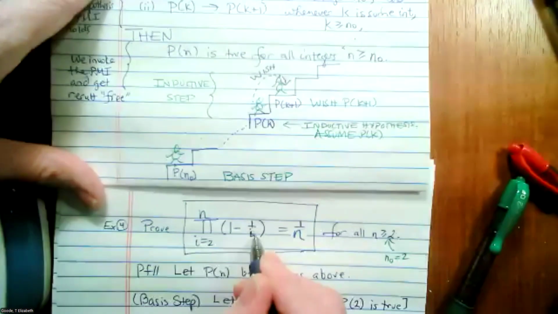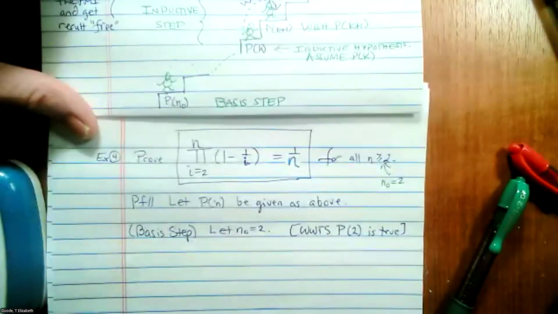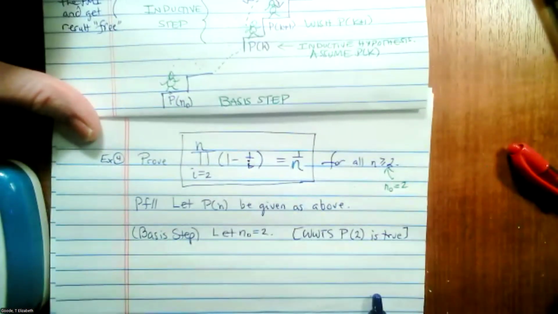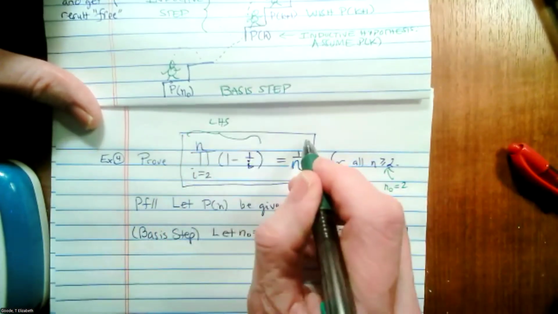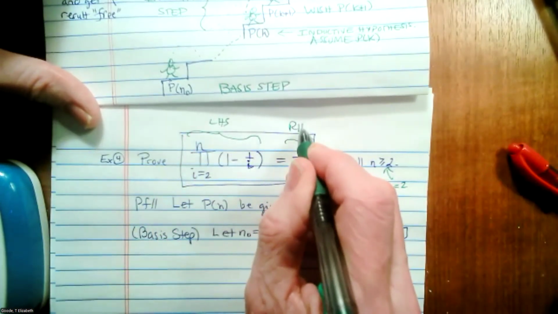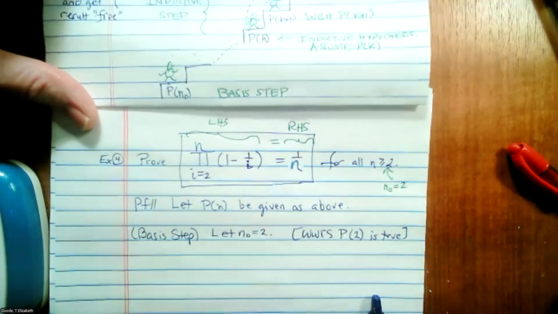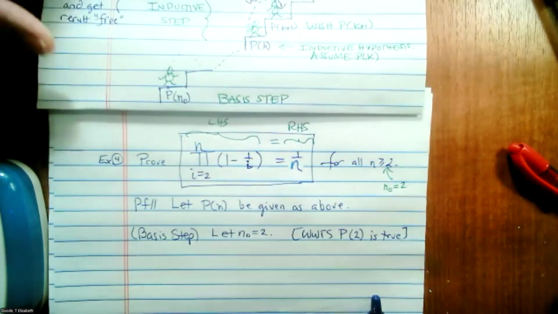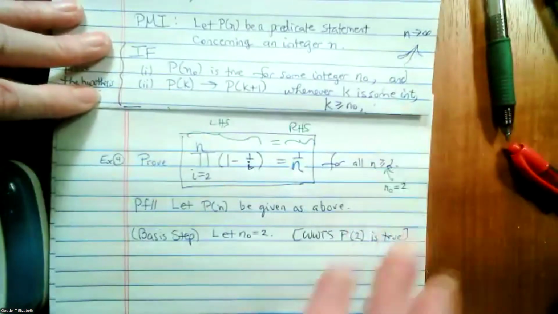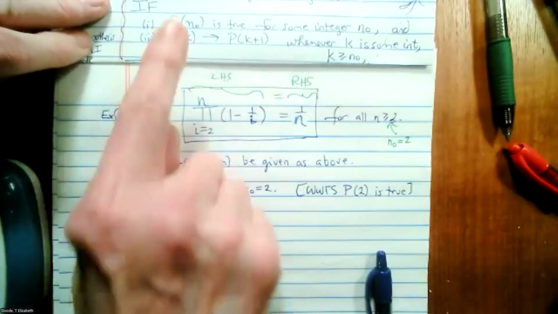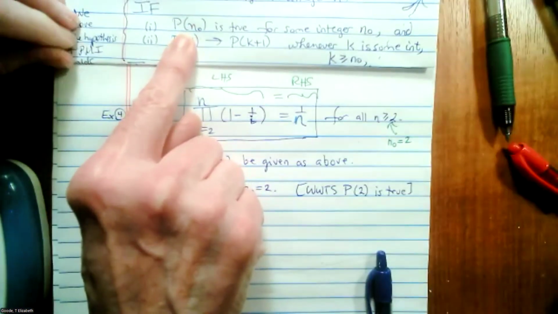Okay, this is an I. All right, so this equation has a left-hand side and it has a right-hand side. And we're trying to prove that the left-hand side equals the right-hand side. Because we're going to try to prove that P at n naught is true. Okay? We're going to try to do the first step, the basis step.